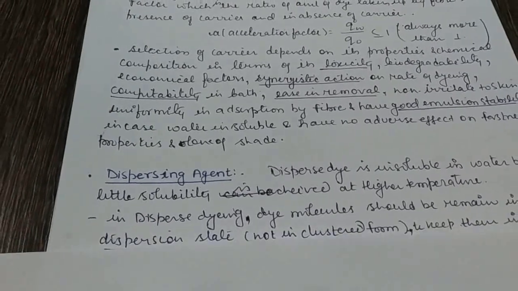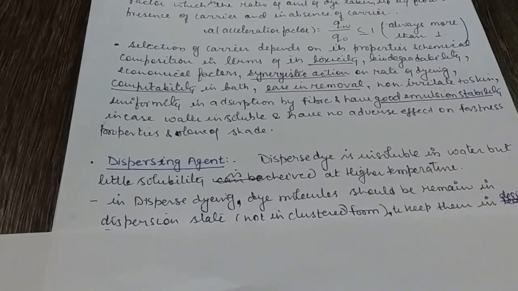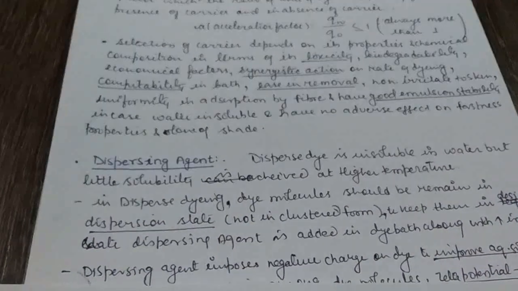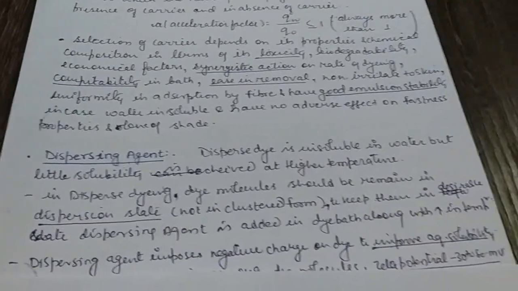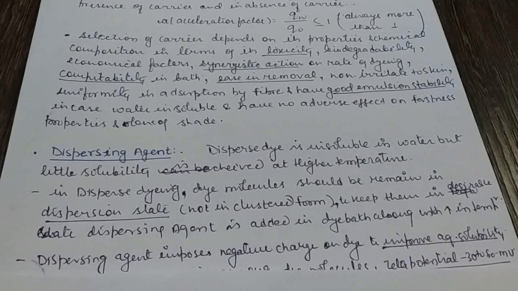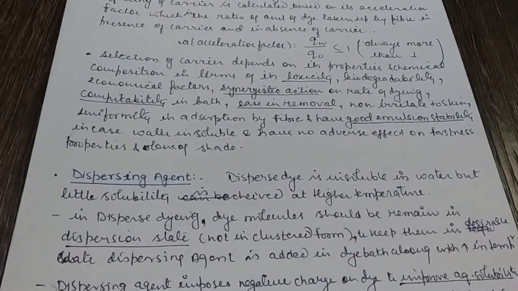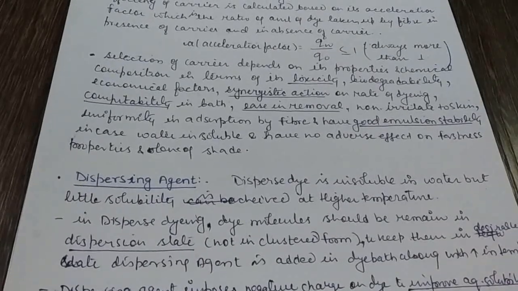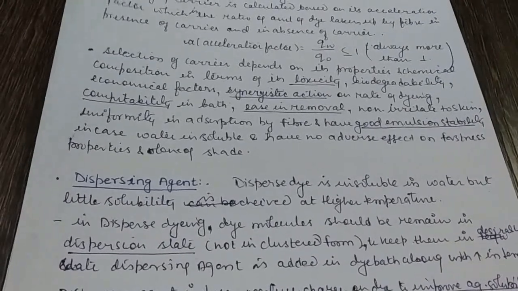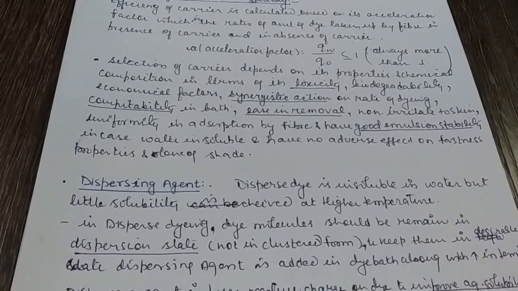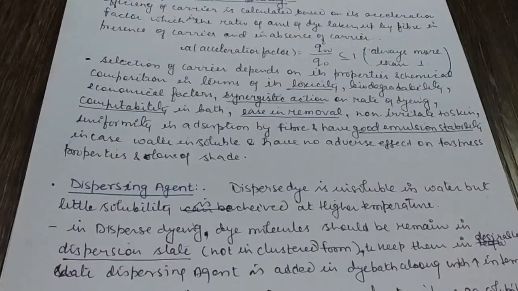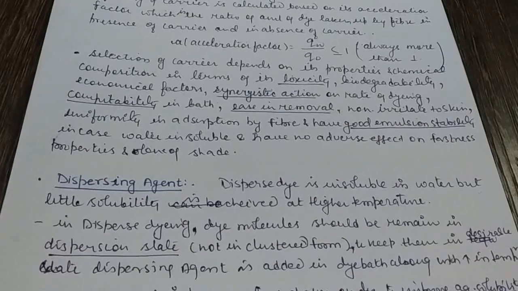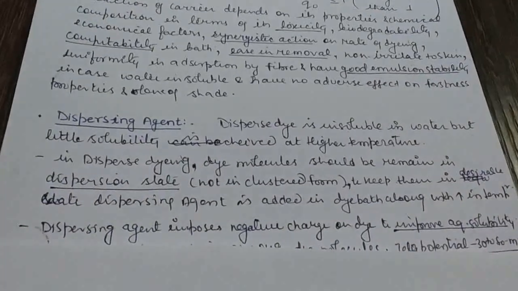In disperse dyeing, dye molecules should remain in a dispersion state, not in clustered form. To keep them in the desired state, dispersing agent is added in the dye bath along with an increase in temperature. So when we add dispersing agent in the dye bath, the solubility of disperse dye increases, and simultaneously by increasing the temperature of the dye bath, solubility also increases.